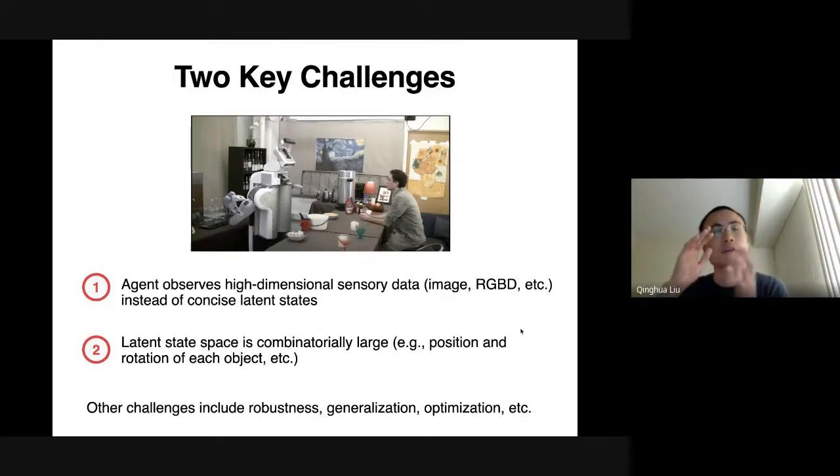It should also encode the rotation angles of different stuff. Of course there are also some other challenges involved, like robustness, generalization, and optimization. But in this talk, we will mainly focus on these two challenges: rich observation and combinatorial latent states.